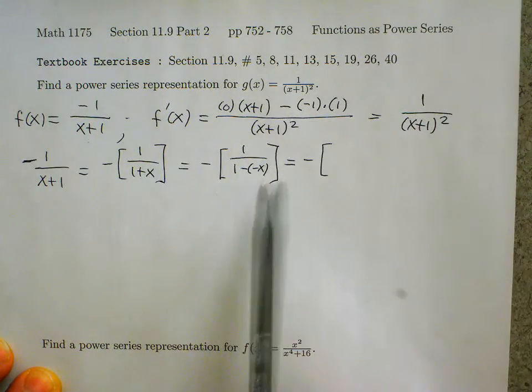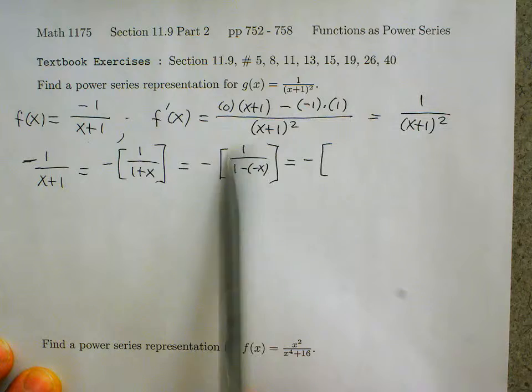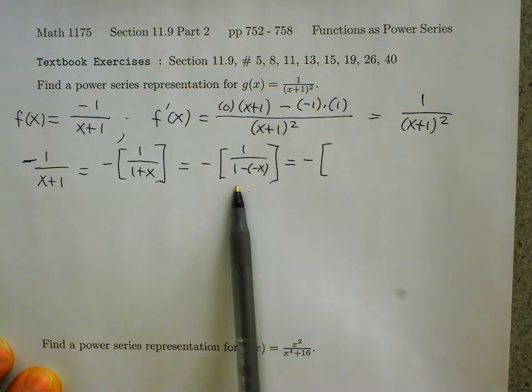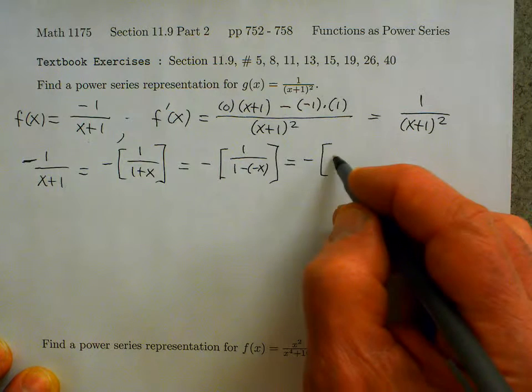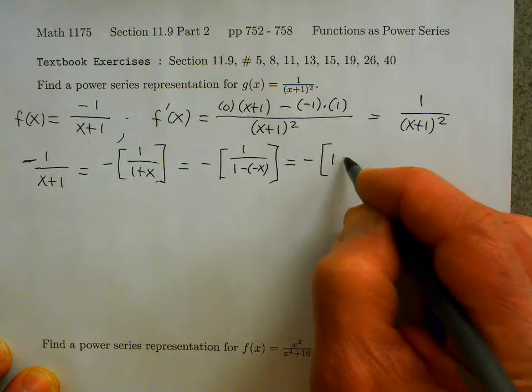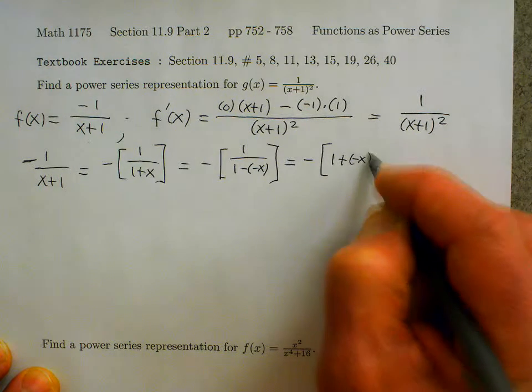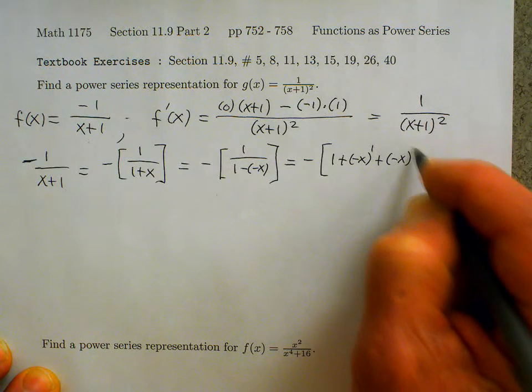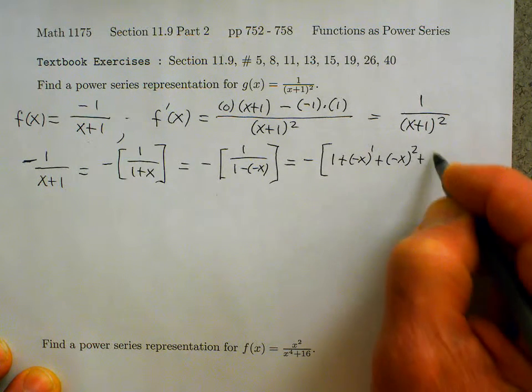And then we'll take the negative of the power series expansion of 1 over 1 minus negative x. So that's 1 plus negative x to the first, plus negative x to the second, and so on.